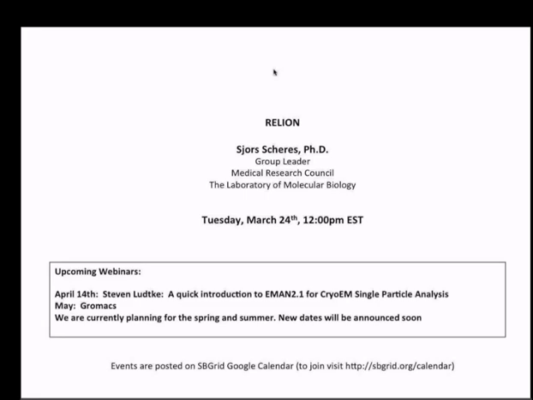Sjors is the developer of Relion, and Relion takes advantage of the statistical treatment of cryo-EM data to both simplify the processing by extracting the parameters as directly as possible from the data, but also deconvolute heterogeneity in the data itself. So with that, I'll turn it over to you, Sjors.